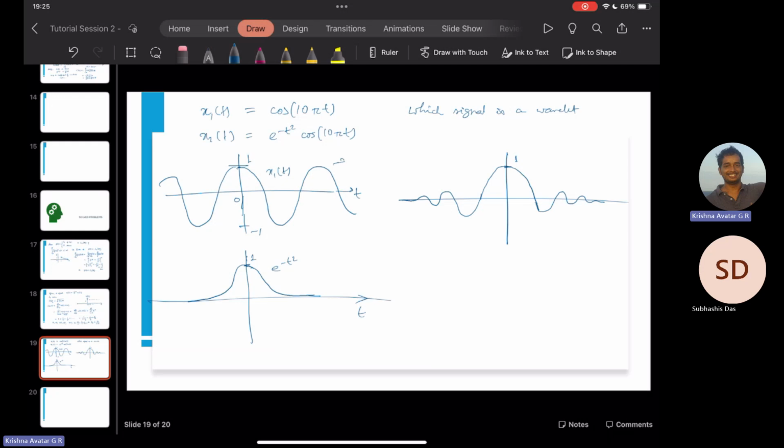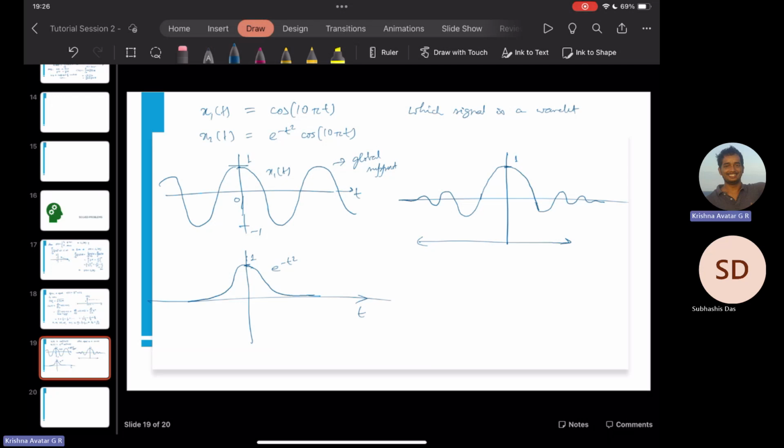Cosines and sines have global support. So this has global support. And this one is only defined over a certain range. After that, the value is almost 0, which we can just neglect.